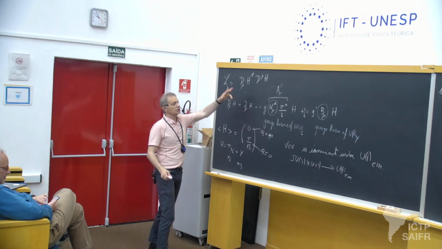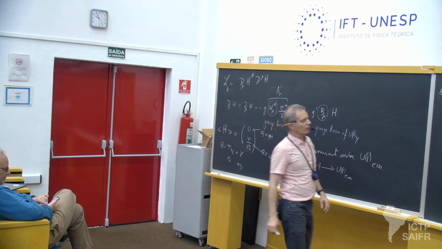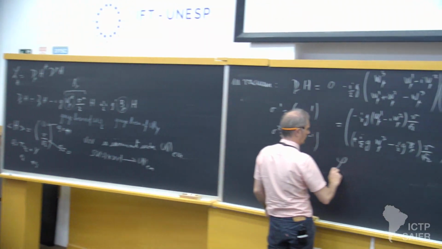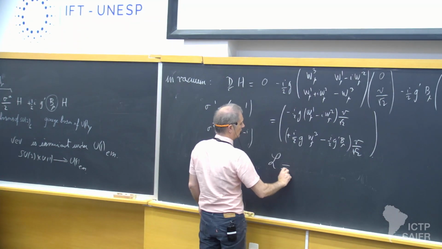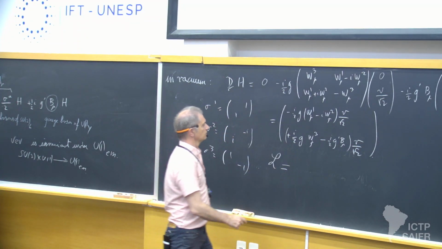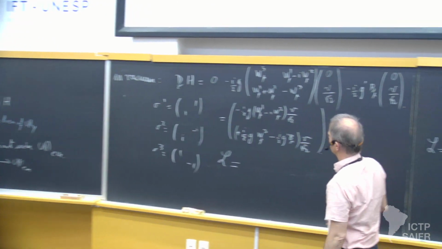And now in the Lagrangian, I need to take the square of this. So in the vacuum, the Lagrangian contains the dagger of this times itself.